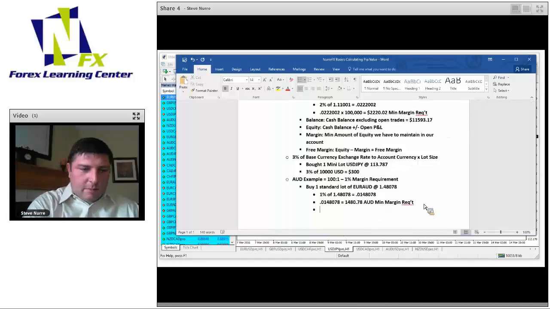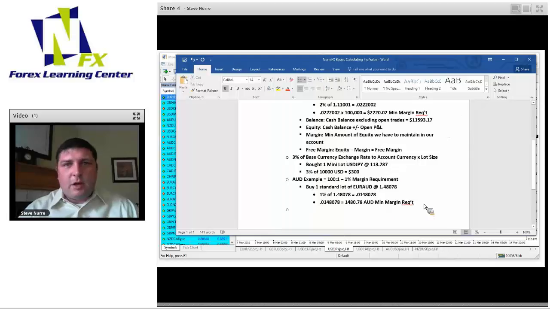But one thing to remember is this is the minimum amount of equity we have to put up in order to hold the position. What does this mean to you when it comes to risk? We never want our margin requirements to tell us something about our risk. Our risk is actually based on how many pips we want to risk on a trade and knowing our pip values. This is just the amount that's put on hold in our account to carry a position.